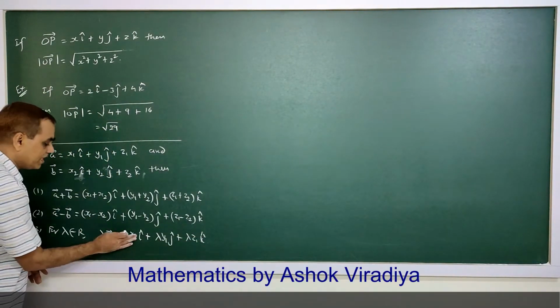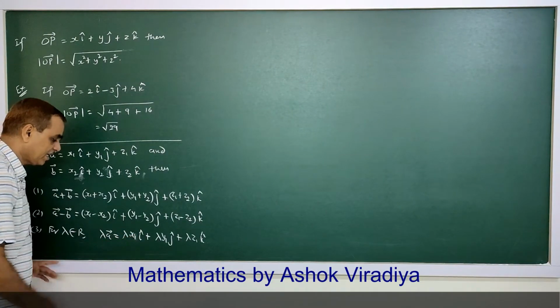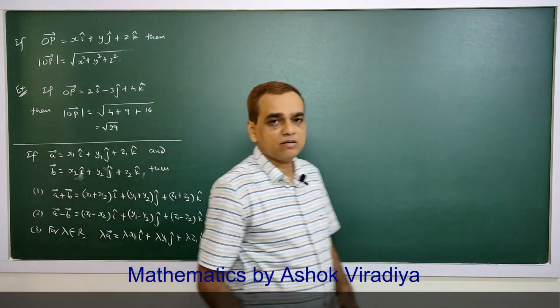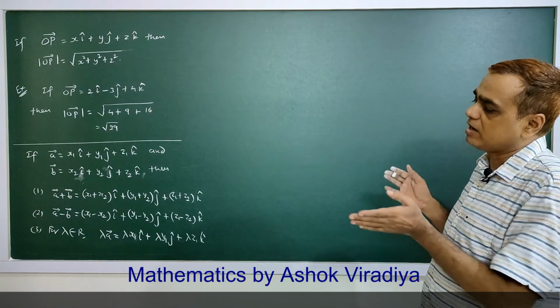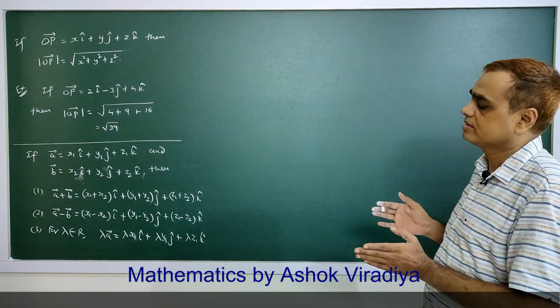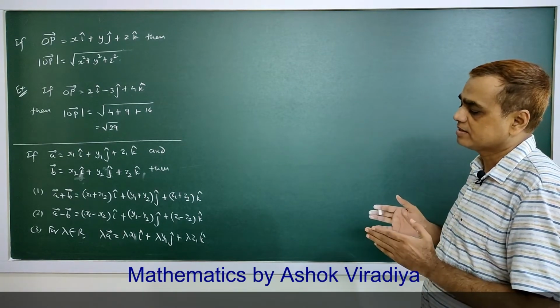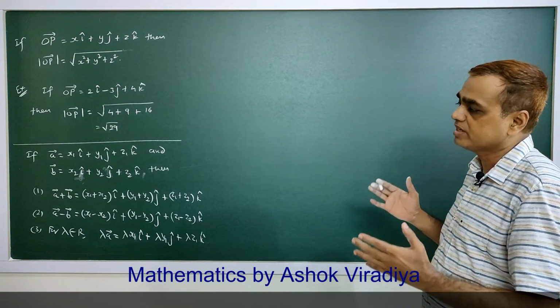That is multiplication of any vector with a scalar. So this is about how to add, how to subtract, and how to multiply a vector with a scalar if they are given in component form.